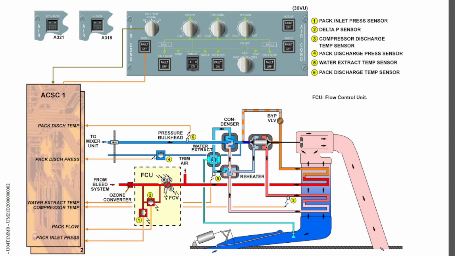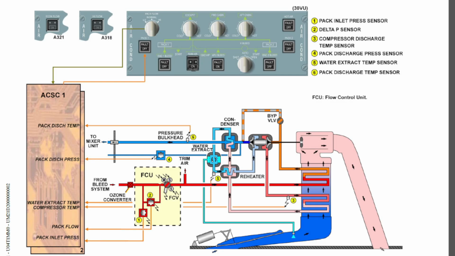Chapter 21. So last time we discussed the pack components. We identified the components in the Airbus A320 air conditioning system packs, and we discussed the functions of the components as well.